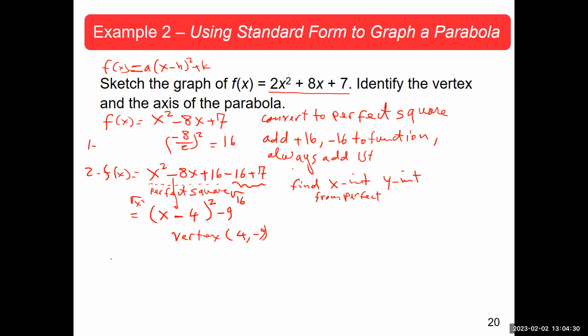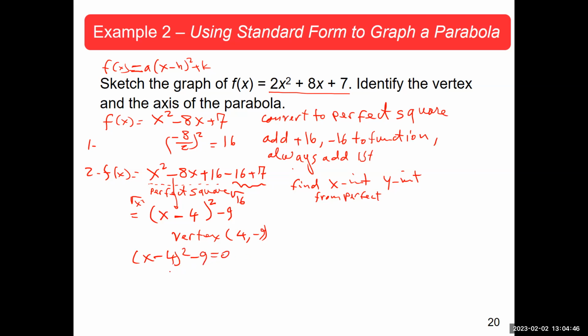So we're going to set this one to 0. Let's set 0 on the other side, it'll be easier. x minus 4 squared minus 9 equals 0.